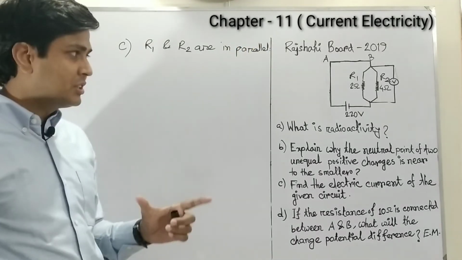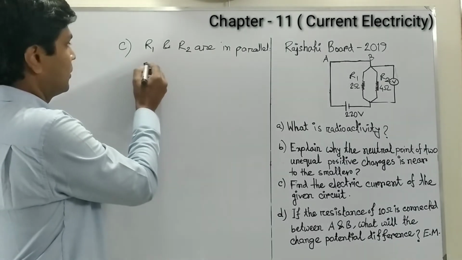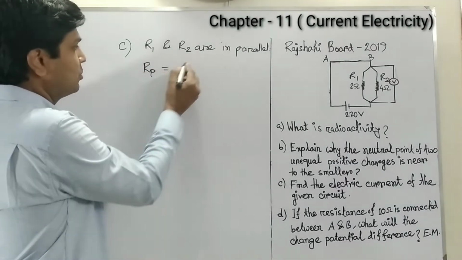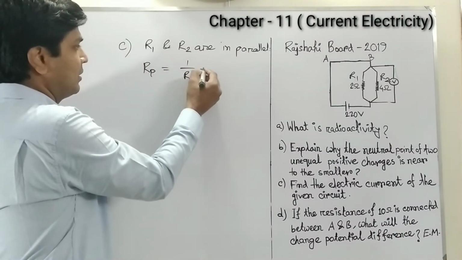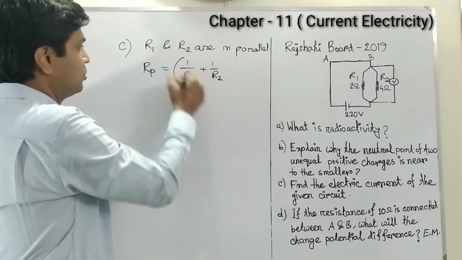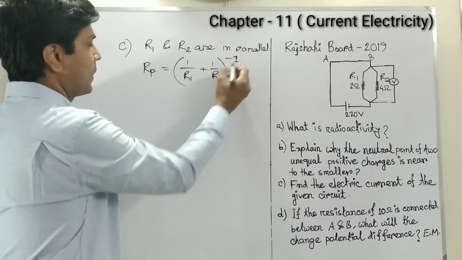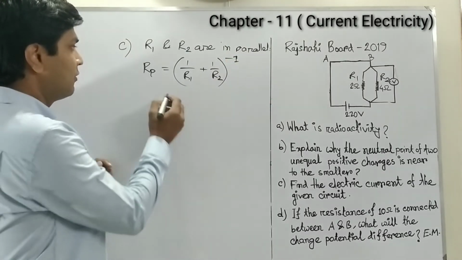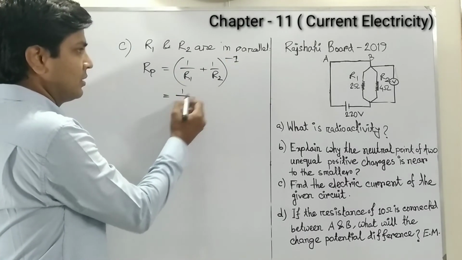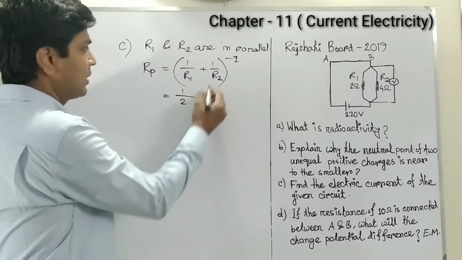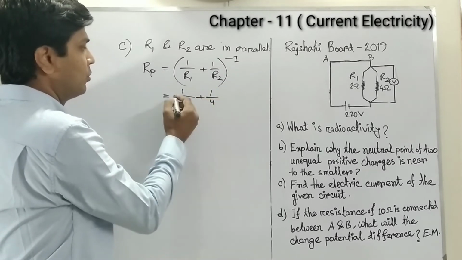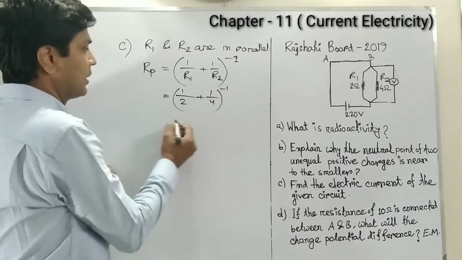So the equivalent resistance of the parallel circuit will be Rp equal to (1/R1 + 1/R2) inverse. And if you put the values, R1 is 2 ohm and R2 is 4 ohm, (1/2 + 1/4) inverse.